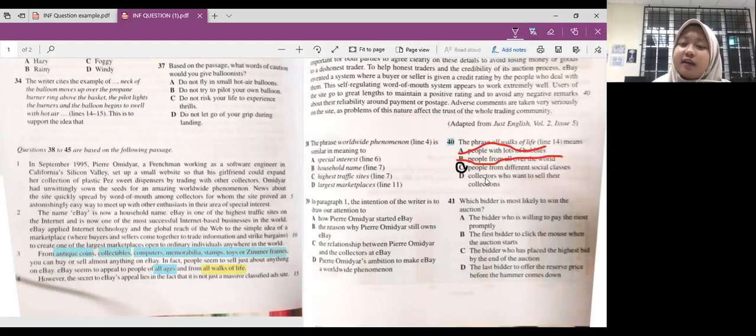However, check again the last answer, D: the collectors who want to sell their collections. There is a sentence that says sell almost anything on eBay, but it doesn't say who, and the answer also doesn't say about buying.